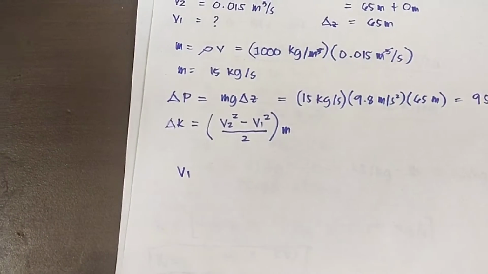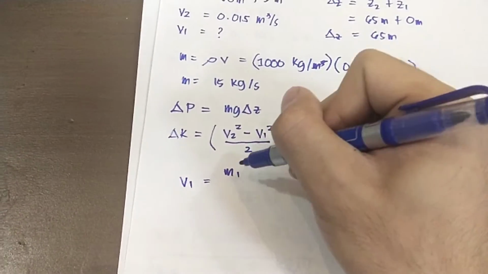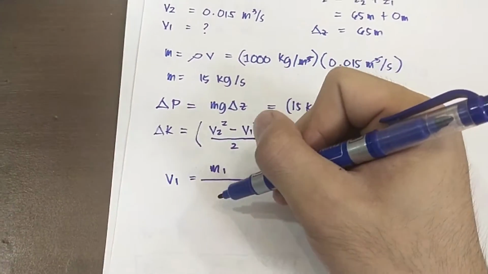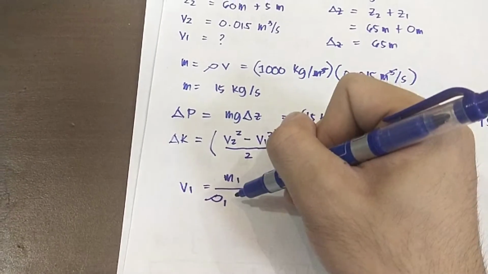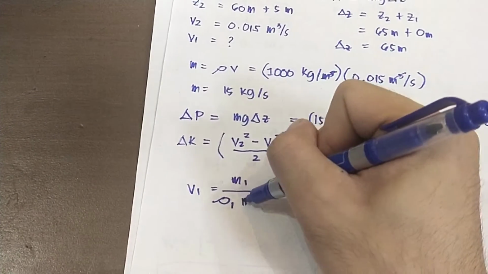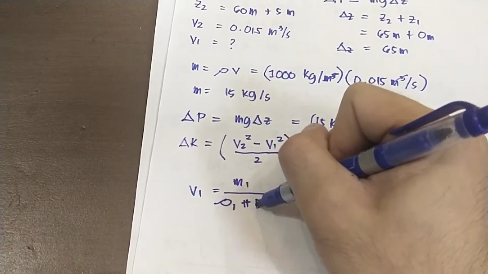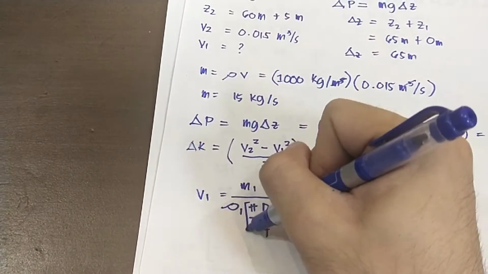Our V1 here is equal to the m1 over the density 1 and our area, which is pi d1 squared all over 4.